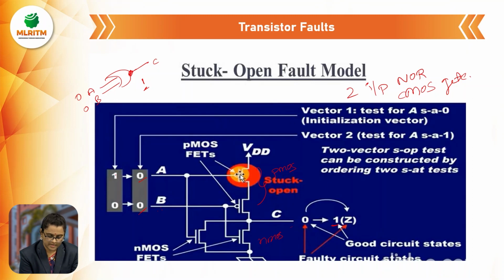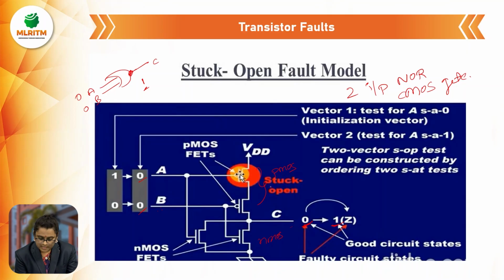Okay, if I apply 1 0, I will get the output 0. This 0 and this 1 are fault free outputs for these two combinations, and this circuit is a fault free circuit, meaning there is no error or fault in the circuit.